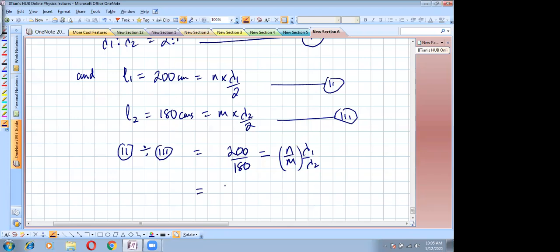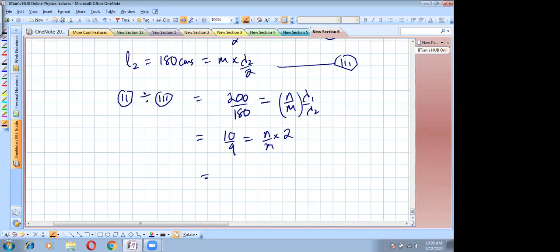So 10 by 9 is equal to n by m into lambda 1 by lambda 2, which is 2. So n by m is 5 by 9, or you can say n is to m is equal to 5 is to 9.